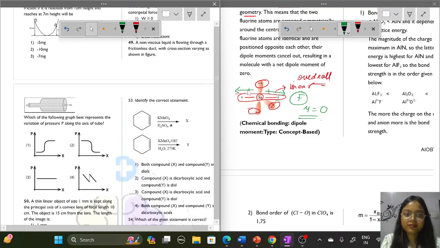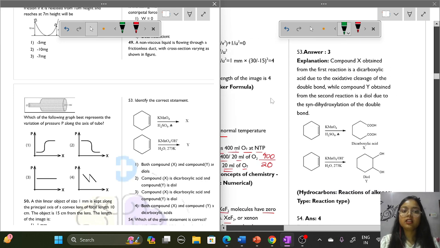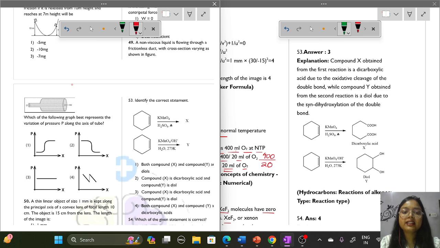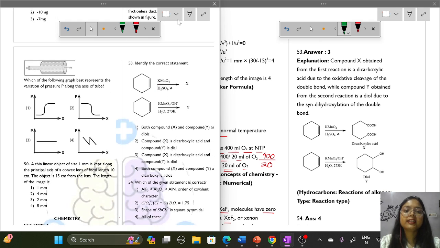Next is question number 53. Identify the correct statement. This is cyclohexene. Cyclohexene on reaction with KMnO4 and H2SO4 with heating gives a product X, and then again cyclohexene on reaction with KMnO4 and OH minus in the presence of water at 273 Kelvin gives a product Y. So let's read out the options.